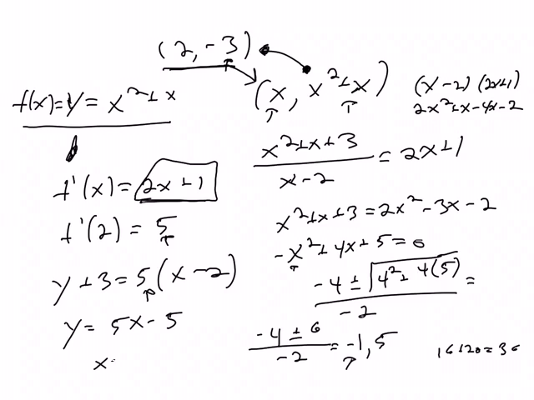So for x equals negative 1 as a point, and for x equals 5, the slope of our tangent line is going to be 5. And wait a second. No, sorry.